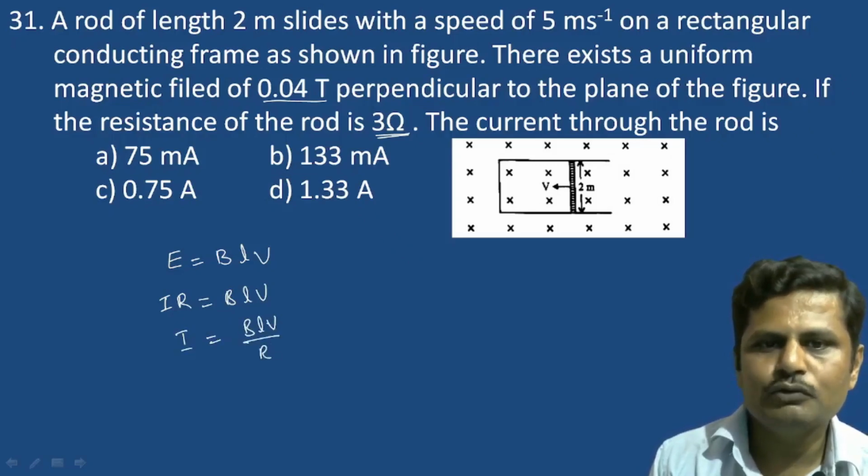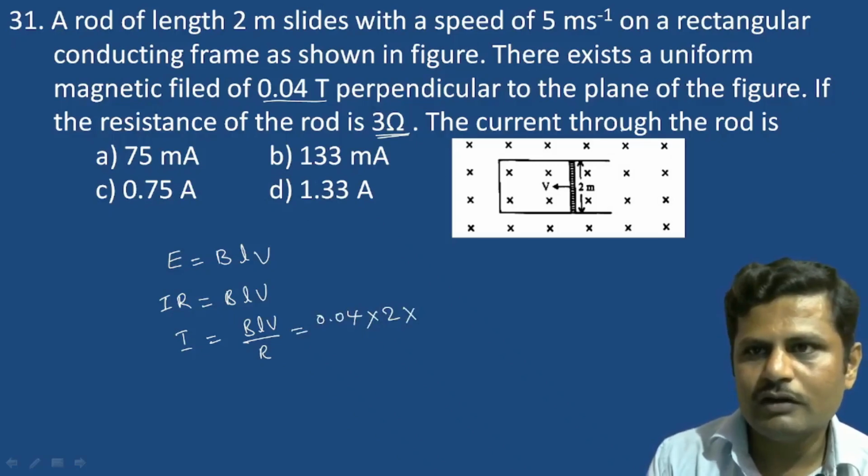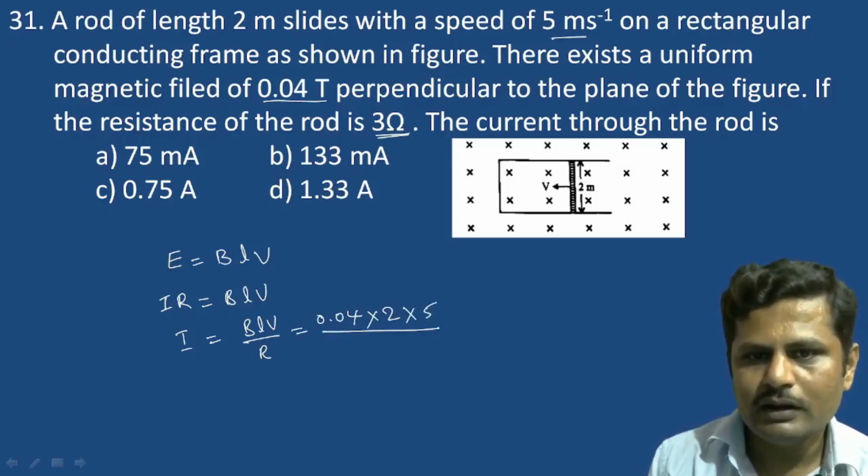So by substituting the values, B equals how much? 0.04 Tesla, and length of the rod is 2 meter and velocity of the rod is 5 meter per second, and divided by resistance of the rod, 3 ohm.